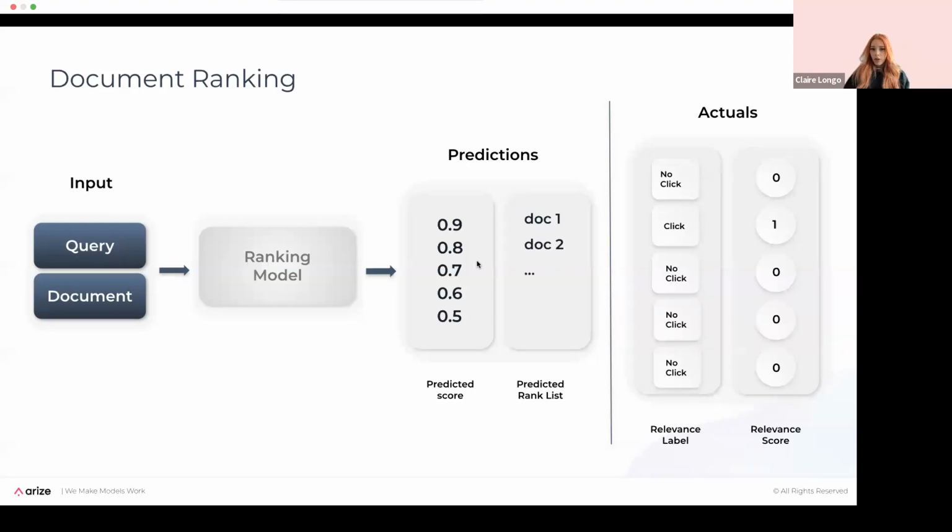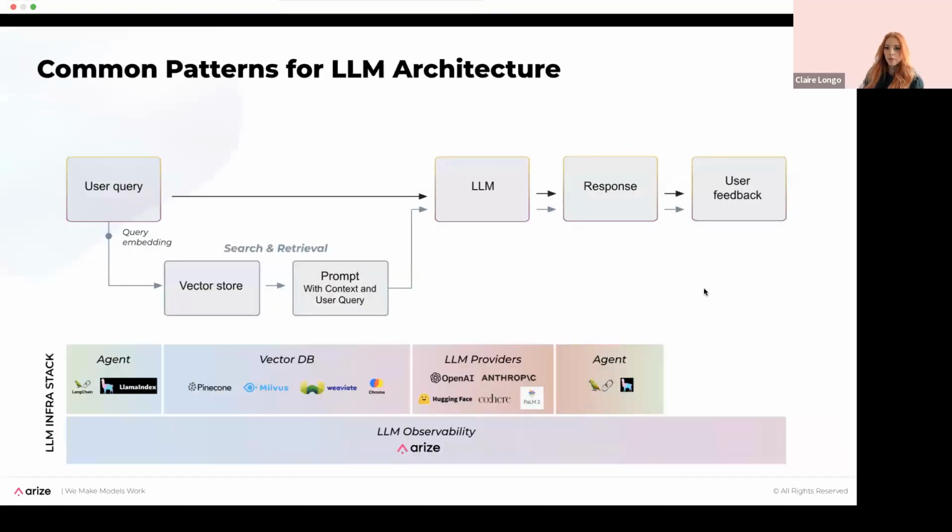So that's document ranking. Let's jump into the cooler stuff, which is LLMs. RAG is a really common pattern in LLM architecture today. It's retrieval augmented generation. Essentially, these systems have a user query coming in, and you're using that query to get some kind of response out of your LLM.